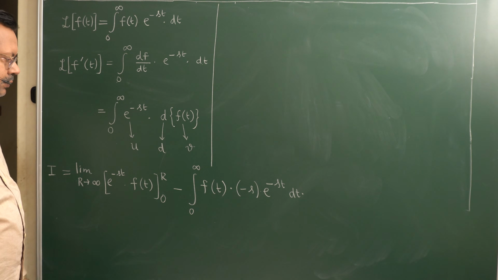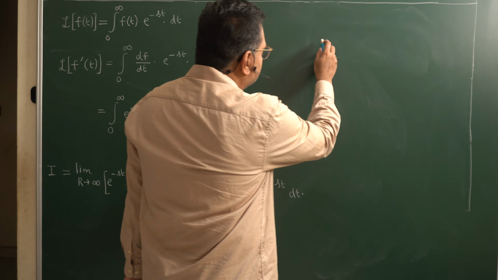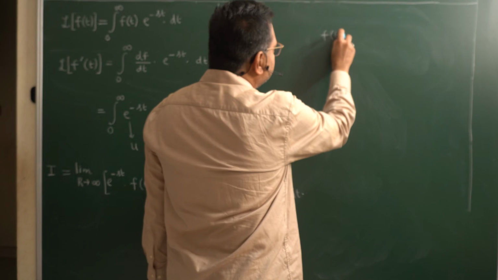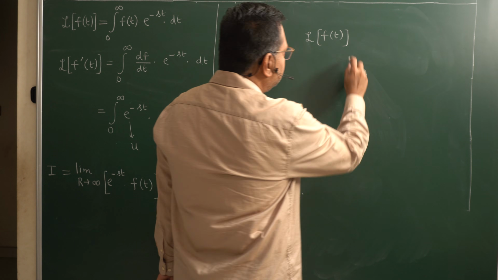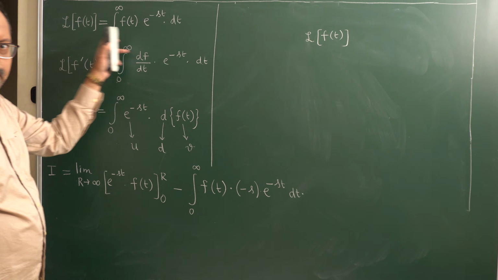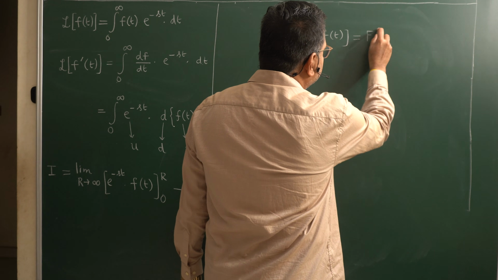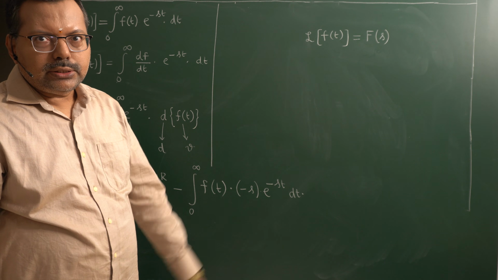Before simplifying, I would like to tell one important point here. If the function f of t is given to you and you are going to find the Laplace transformation using the integral, you have the defining integral here, and ultimately we get a function of s, which we call capital F of s.